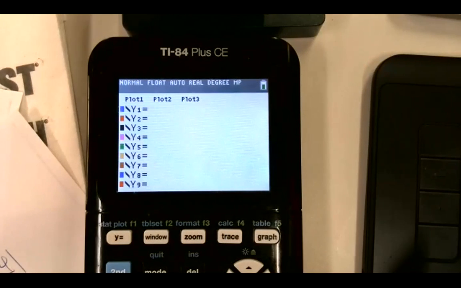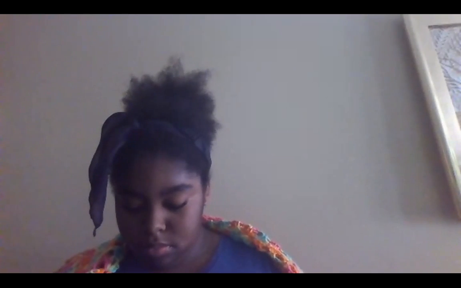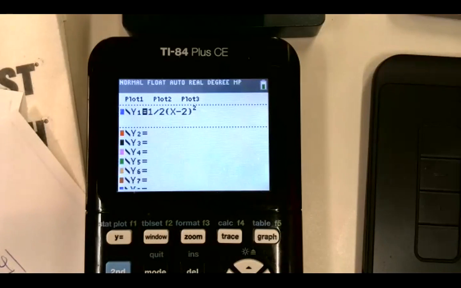So I turn that off. And if I'm trying to do like, what was that one that was difficult? 1/2? So I do 1 divided by 2, parenthesis, and your x value is right next to alpha, x, and I think it was -2. So x minus 2, parenthesis, hit the squared button, which is right catty corner or diagonal from 7.